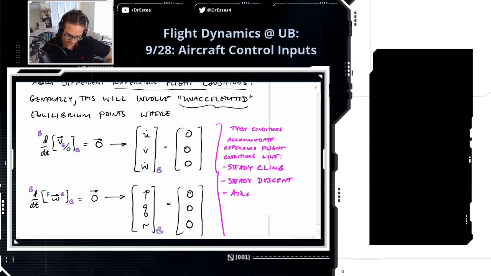Or maybe like that steady turn I described earlier, aircraft rotating at a constant rate. These are the kind of equilibrium points we're going to linearize about.